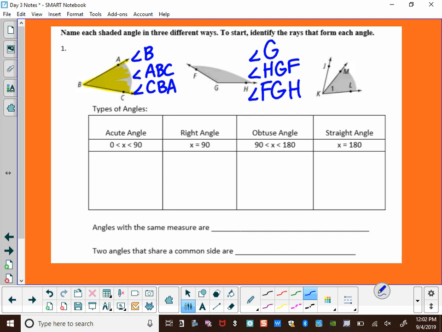All right, last one, Diana. MKL. Okay, what else? L and K. What else? Okay, and there's actually one more with this one. What's the last way we can name this? You see that number there? Yeah, angle 1. I know it said 3 different ways, but there's 4, so you can pick any 3 you want.